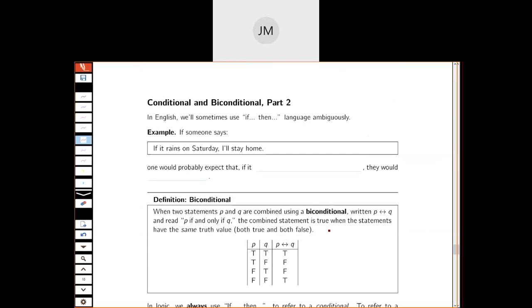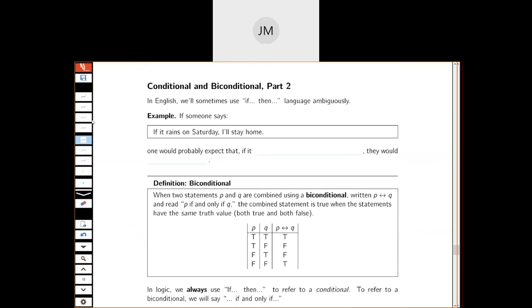All right. If I haven't confused you yet, then I have one last attempt here. Let's look at another example. In English, we don't always say if-then in a straightforward way. So, for example, suppose somebody says, if it rains on Saturday, I'll stay home.